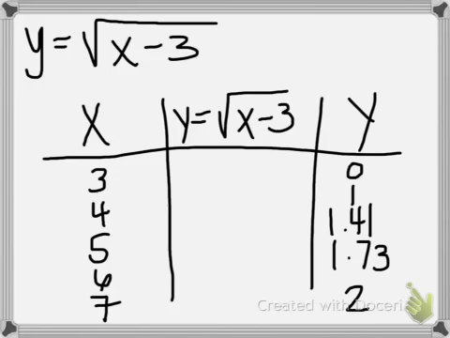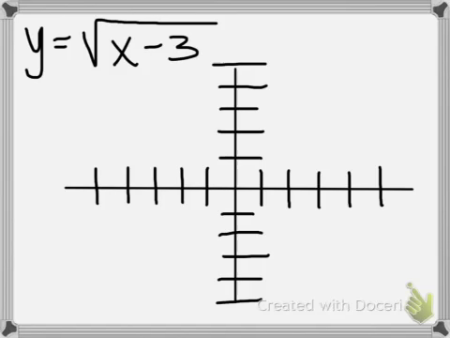Now we take these points and we plot them on a graph, like so. We look back at the table we made and plot our first point. So go to 3 on the positive x-axis and plot 0 on the y-axis. Now go to 4 and plot 1, and 5, 1.41, which is in the middle of 1 and 2 roughly.